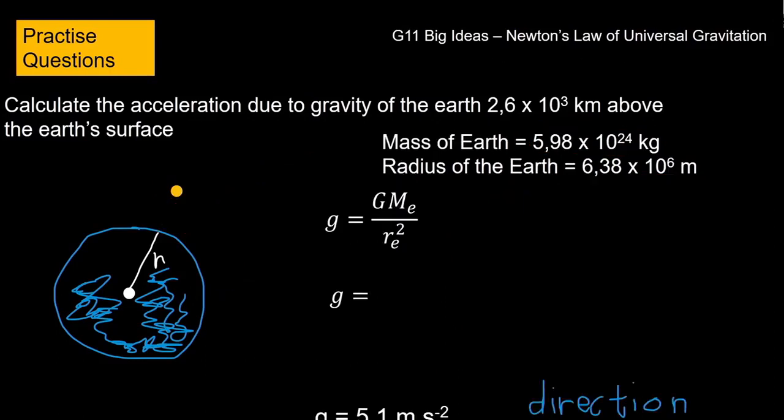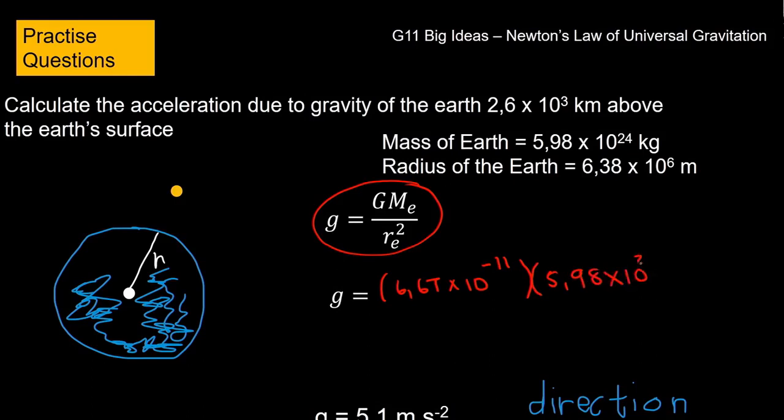So we end up with this formula here. g is equal to the constant times the mass of Earth divided by the square of the radius. So G is 6,67 times 10 to the minus 11. The mass of Earth is 5,98 times 10 to the 24.